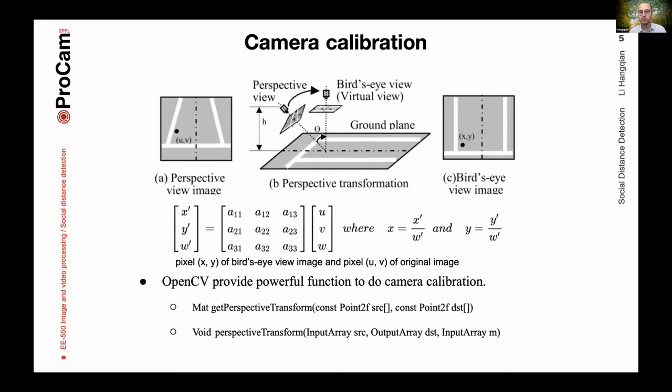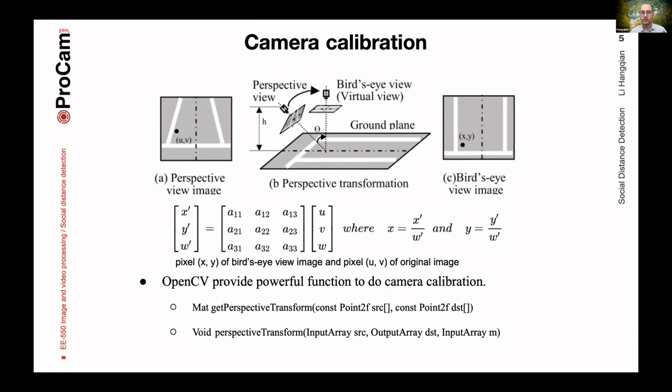Next, camera calibration. Let me use the diagram of an auto parking system. As we can see on the left is a perspective view image, and in fact the camera is on the back of the car.